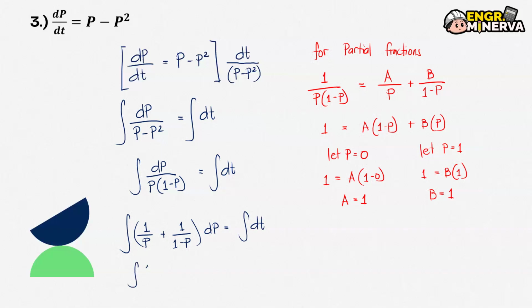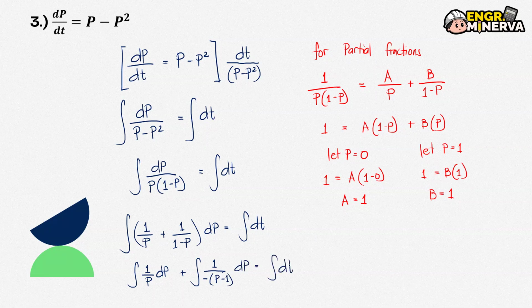Then regroup. That would be 1 over p dp plus, for the denominator, in order to simplify further, I can factor out the negative sign.